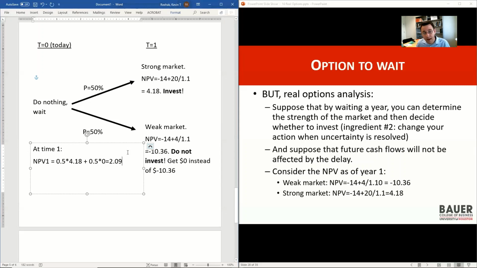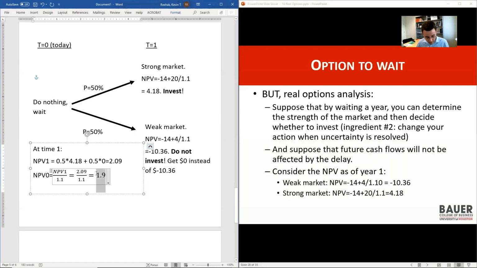We've got to work backwards and figure out what the value is of that at time 0. So at time 0, we have to discount that value that we got at time 1 by 1 time. So we get that 2.09 discounted once, which is equal to 1.9.